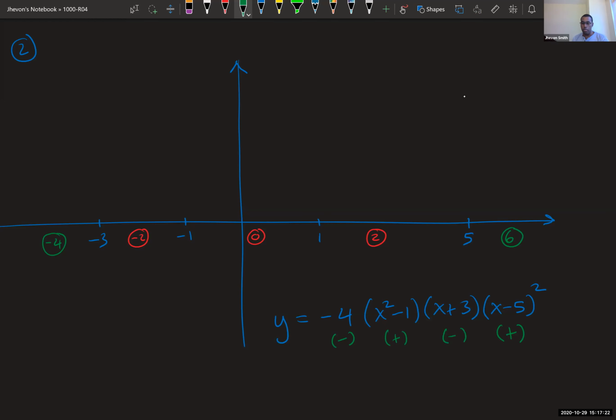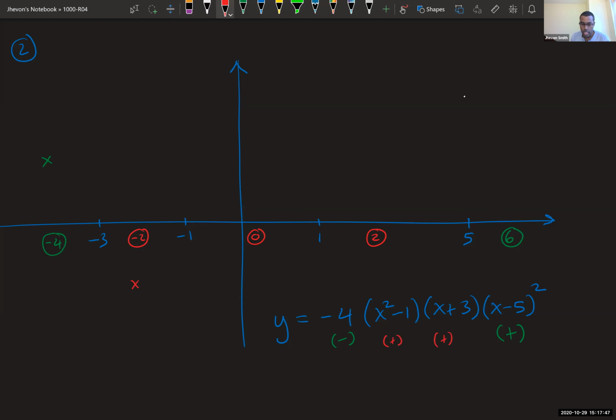So overall, I get a positive number. So I know the graph should be up here. So I just mark X marks the spot. Moving on to the -2, I plug in -2 here. That's positive. Plug in -2 here. That's also positive. So now I'm negative. I know I should be below here.